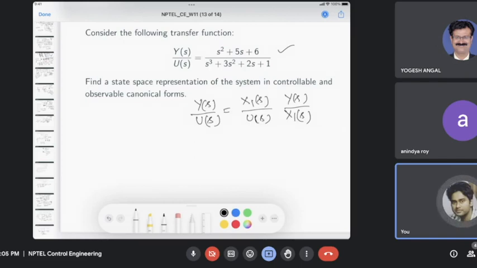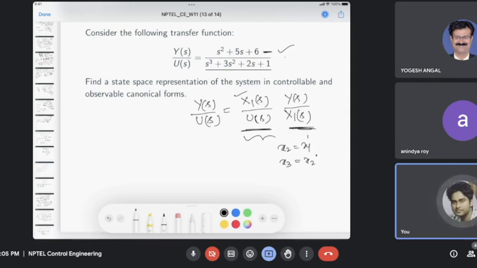I just introduce that. Then I will take the denominator, and this is the numerator, and then you can simplify each of these expressions. You take this denominator and equate it to the numerator. This is actually covered in the lecture video. So then you take x2 equal to x1 derivative, x3 equal to x2 derivative, and then write the system.